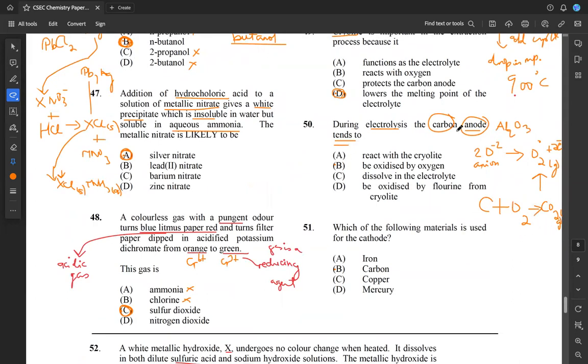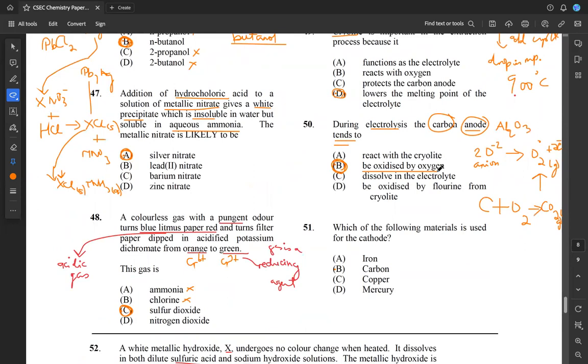It says that the anode is going to be oxidized by oxygen, so that matches this one here. At the anode we get oxygen, and the oxygen oxidizes the anode. So 50 is B.